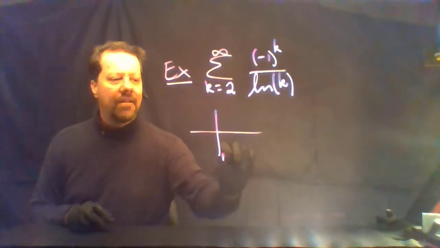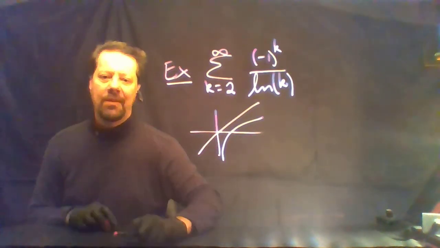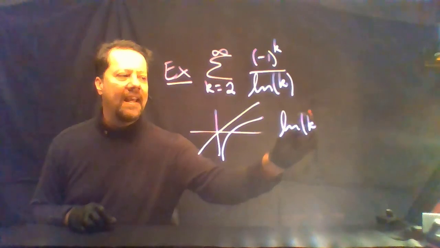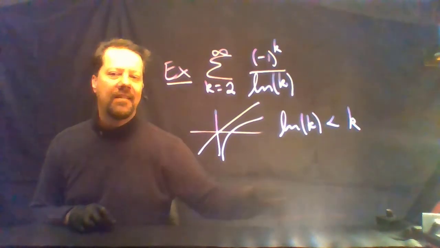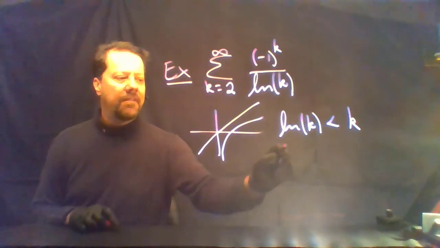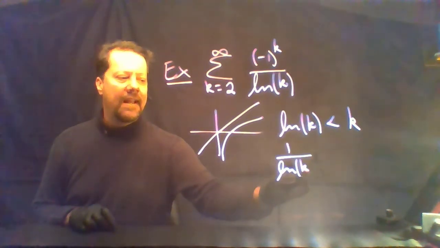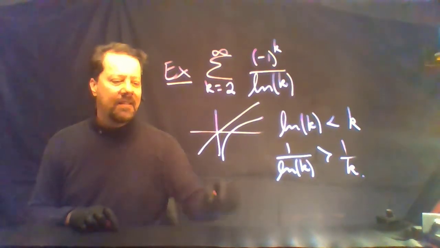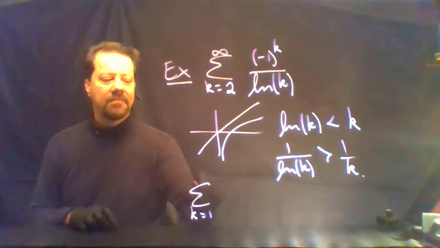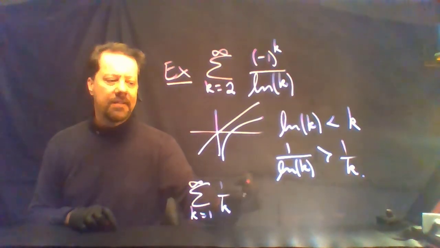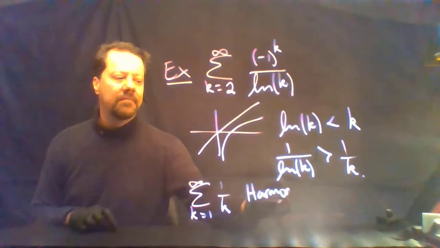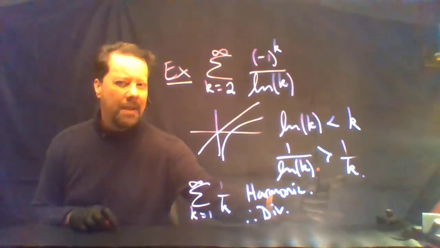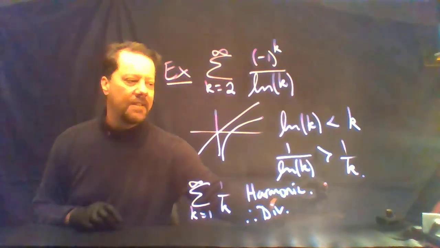Note that the log function grows more slowly than y equals x, which means that ln of k is smaller than k. It follows then that 1 over the natural log of k is bigger than 1 over k, since this series is the harmonic series, and therefore diverges by the comparison test, the direct comparison test.